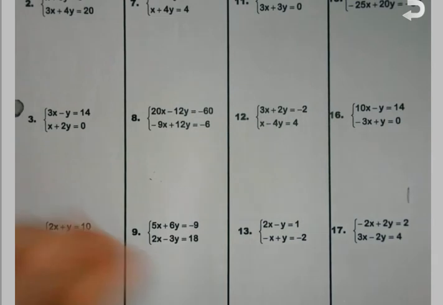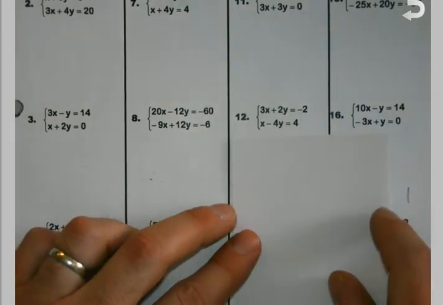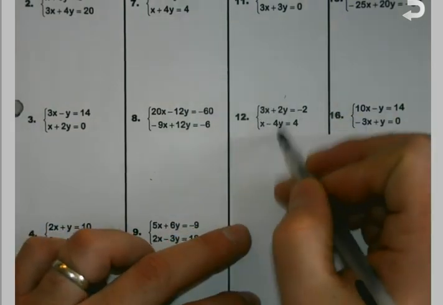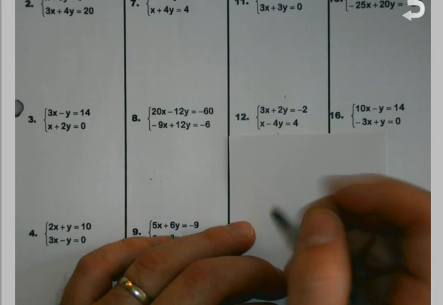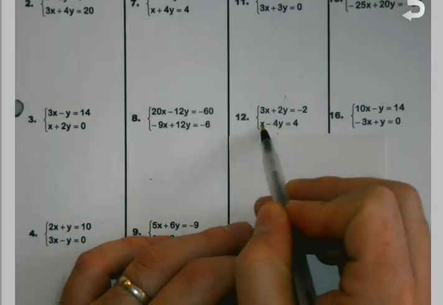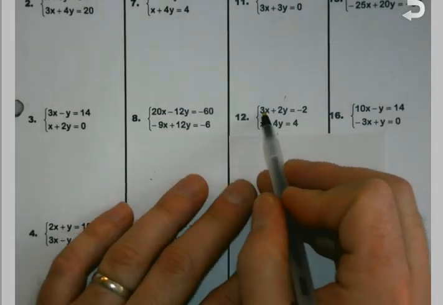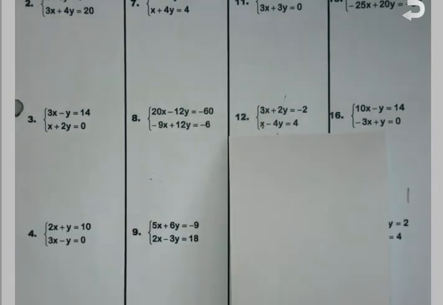So number 12, we're kind of in the middle here. I notice if I add down, nothing cancels right away. So I didn't waste you on one of your easier ones. But again, I look and I say, okay, oh, there's a single variable. Those are always nice. Now that's a positive 3. So we need a negative 3 to work on the bottom here.